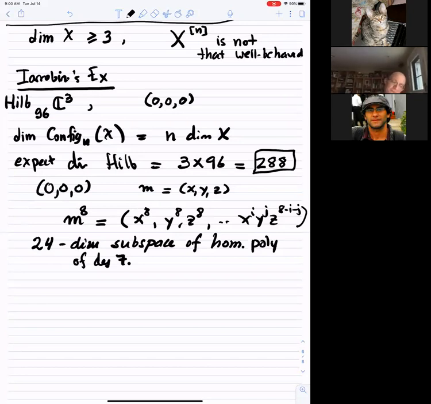That would be an example, okay? Let's call the subspace V. Take this V plus m^8, and look at the ideal I generated by this. Notice that I only vanishes at the origin.